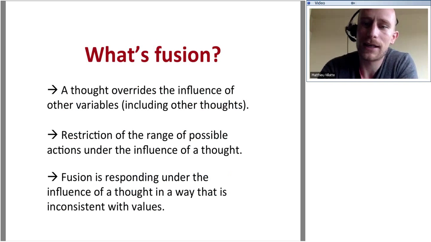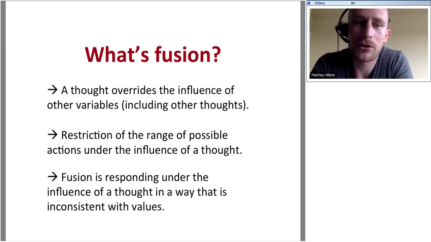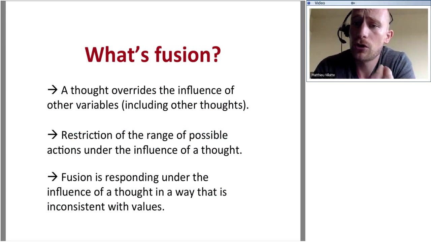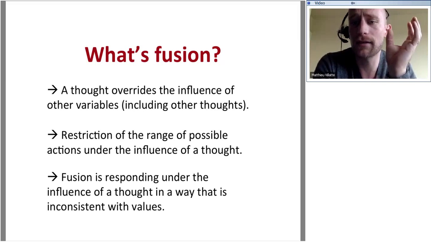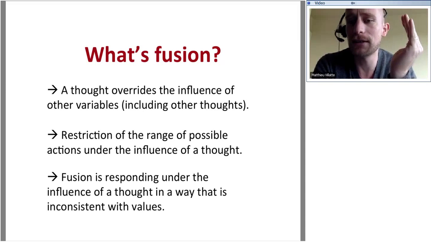All right, so let's get started and talk about fusion and diffusion. To talk about diffusion, I think it's helpful to first explain a little more what fusion is, the process of fusion. If you're familiar with ACT, you know that we generally present ACT with 6 processes of psychological flexibility and psychological inflexibility.